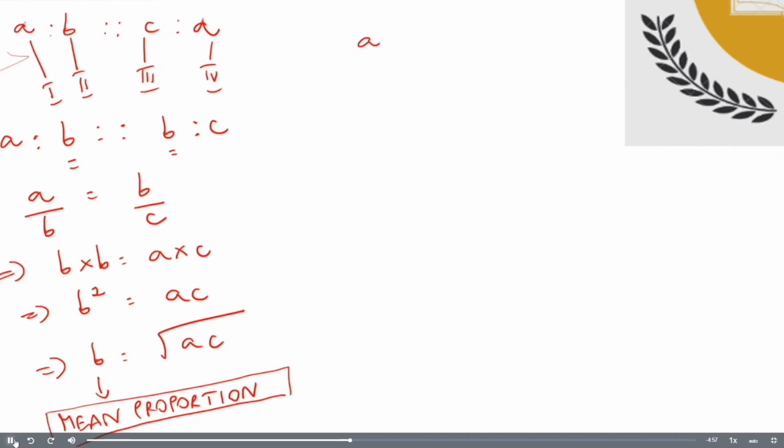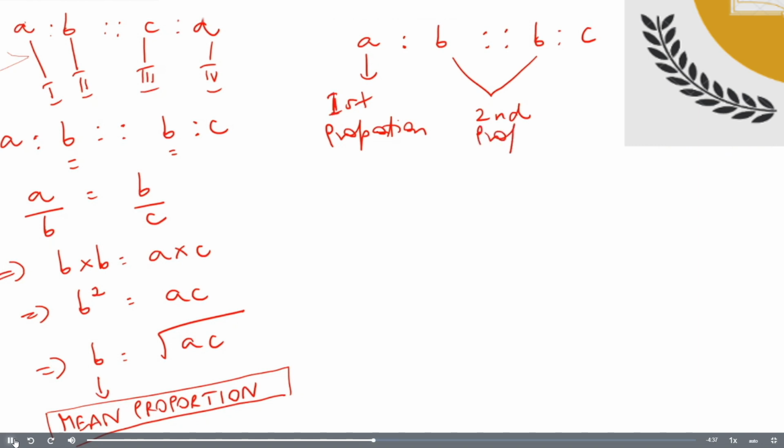In our example, we say A ratio B proportion B ratio C. Here A is the first proportion, B is the second proportion, and C is the third proportion. There is no fourth proportion here.